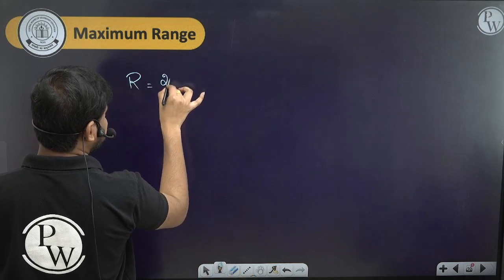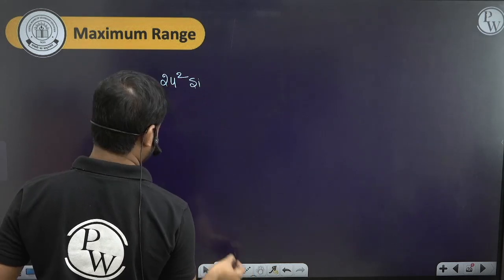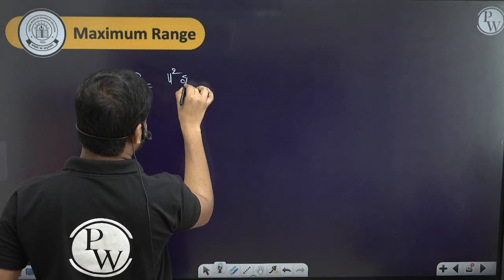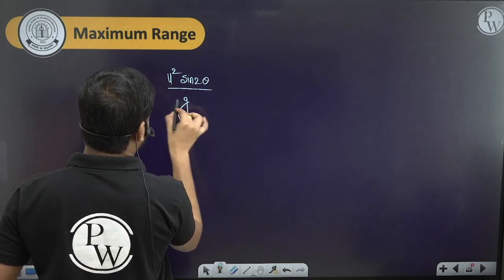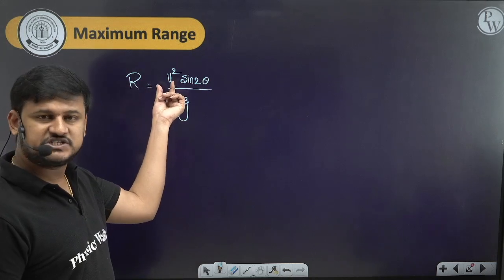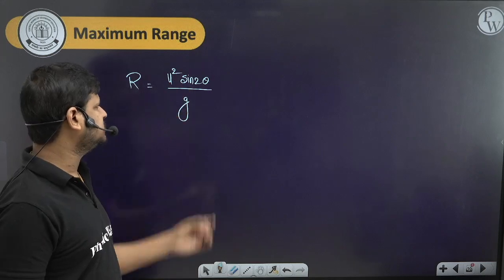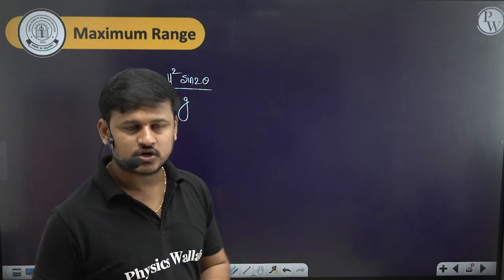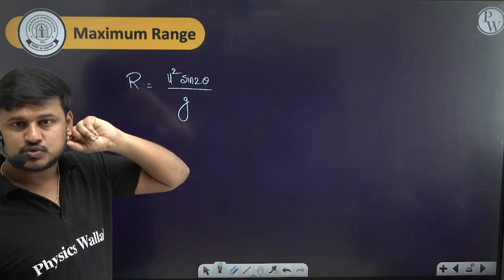The range is u square sine 2 theta by g. So r is a function of theta. Yes or no? U is the initial velocity which is constant, and g is the acceleration due to gravity which is constant. So this theta, the projected angle, will vary. So for which angle are we going to get the maximum range? That's what we have to find.